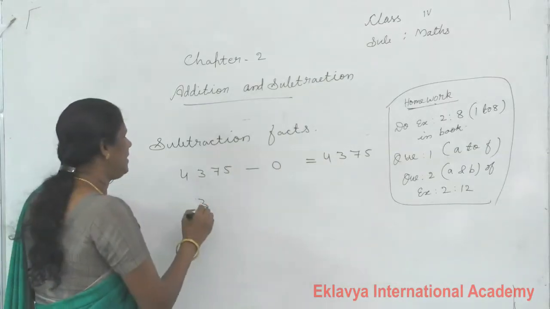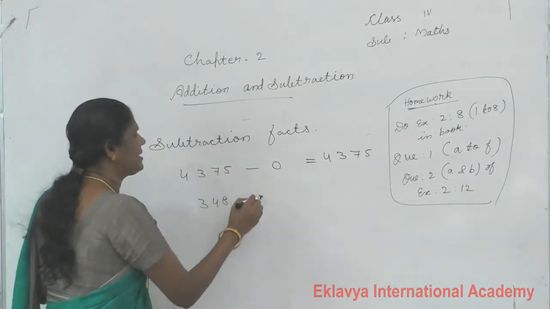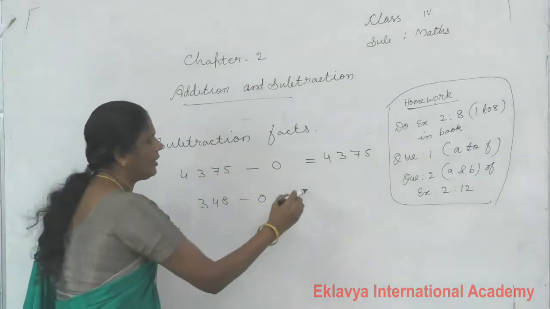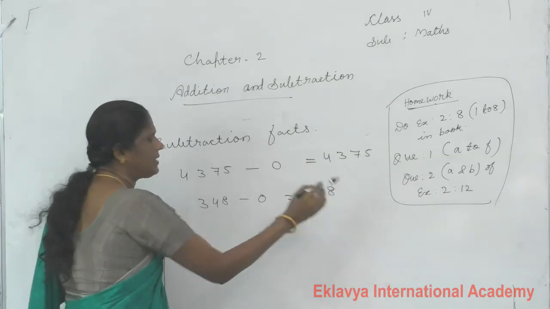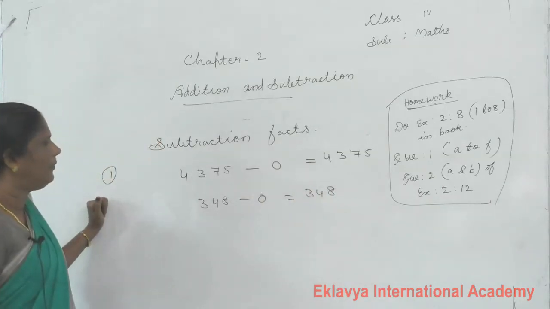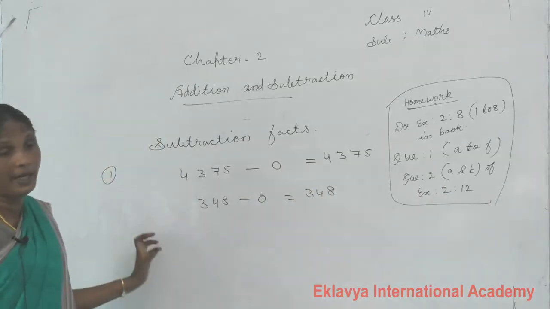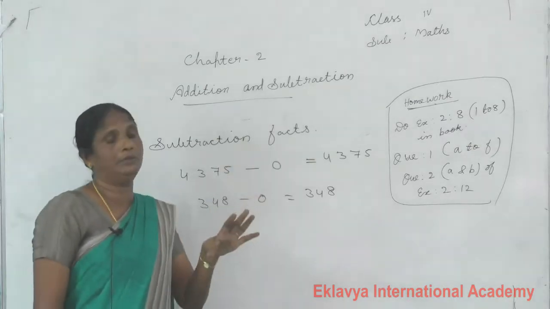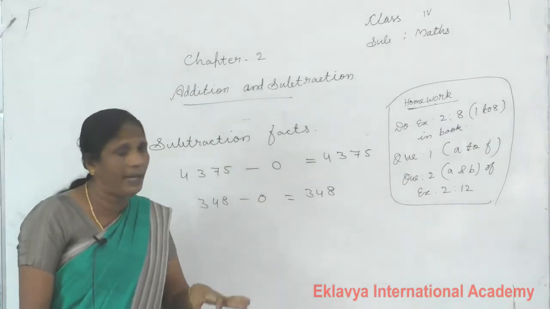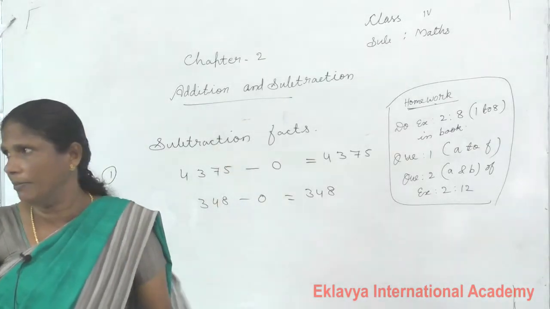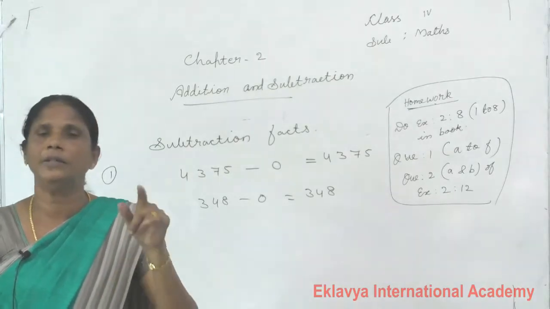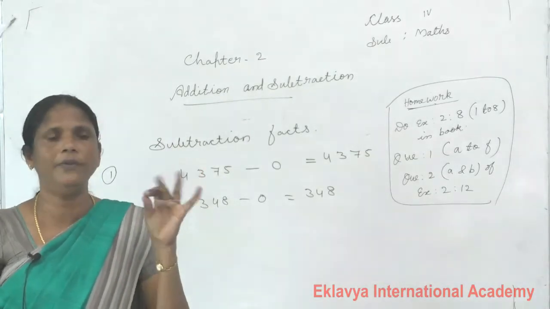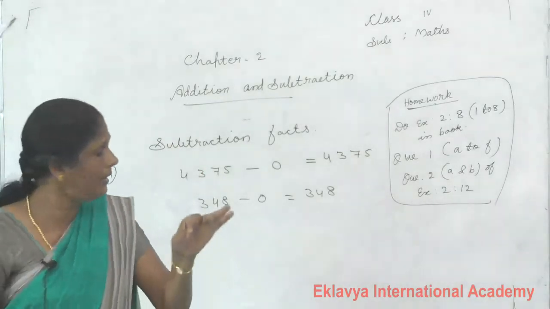Then again 348 minus 0 is equal to 348. What is the property here? 0 subtracted from any number, we get the number itself.